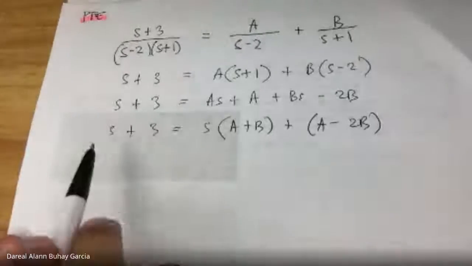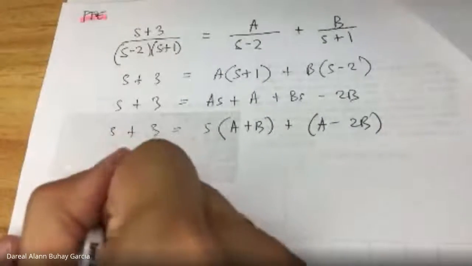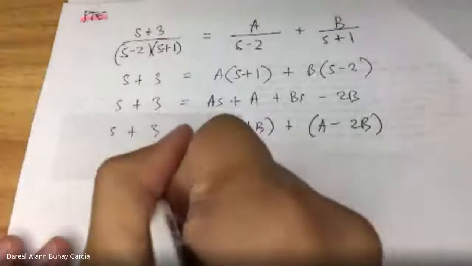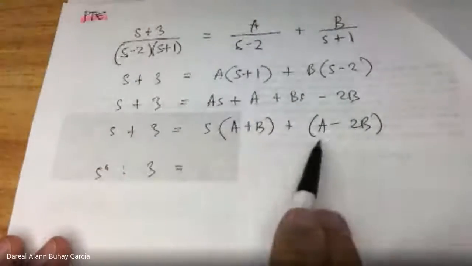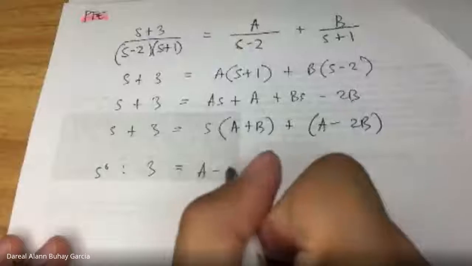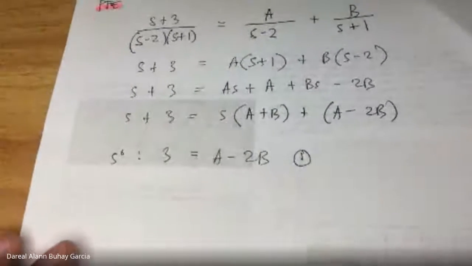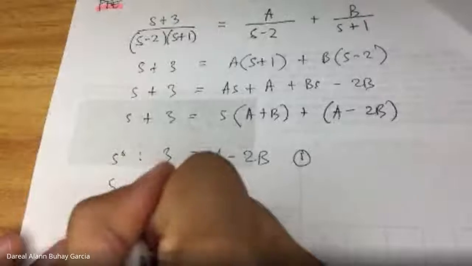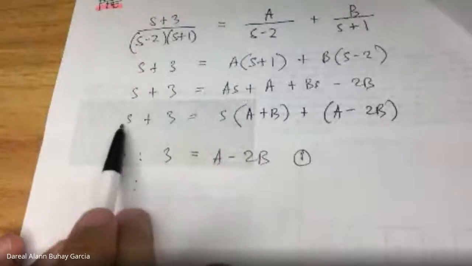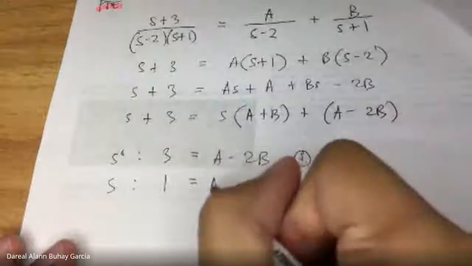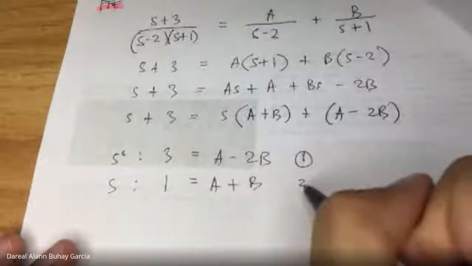Equate the coefficients. The coefficient of the constant, 3, is equal to A minus 2B. This is equation 1. Combine the coefficients of S, 1, is equal to A plus B. Equation 2.